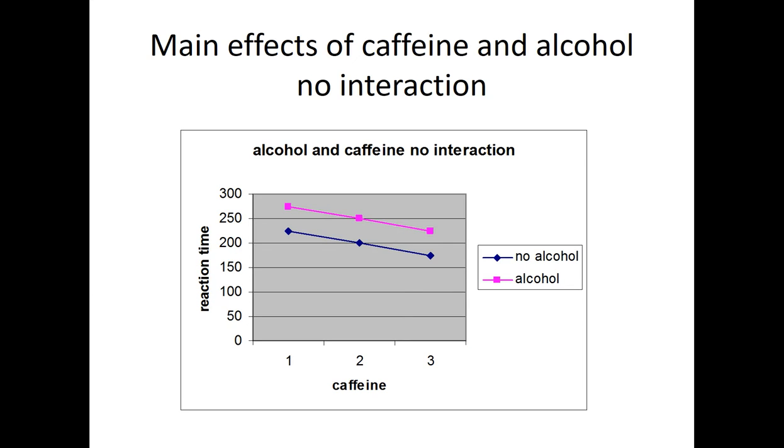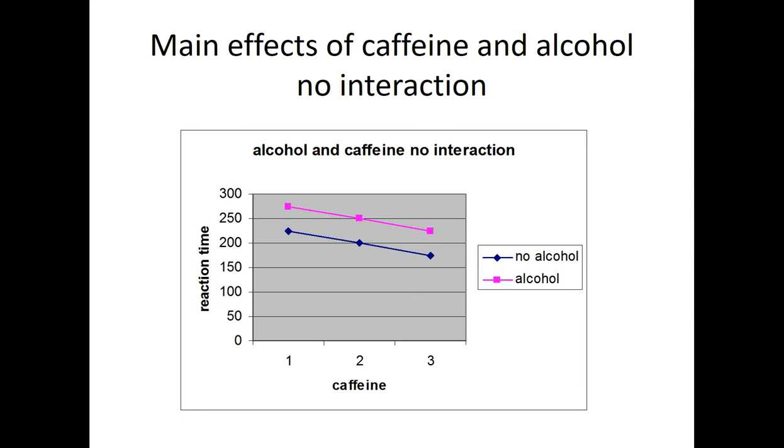Here's what it might have looked like if we had a main effect of caffeine and a main effect of alcohol, but no interaction between the two. So here we've got our caffeine levels, 0 milligrams, 200 and 400. Our reaction time, we have alcohol in purple there, no alcohol in dark blue. This is what it would have looked like if the two had a main effect but not an interaction.